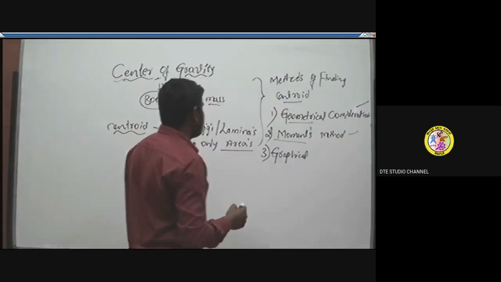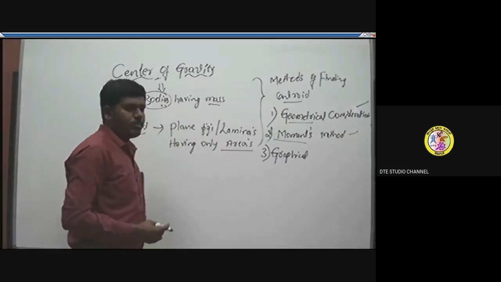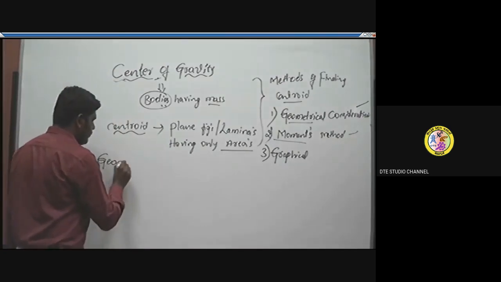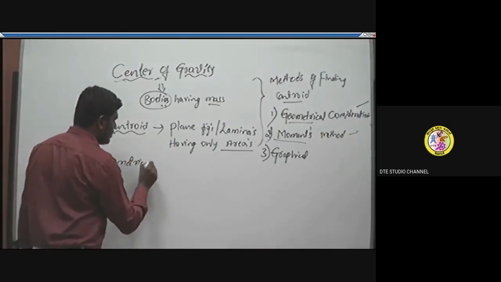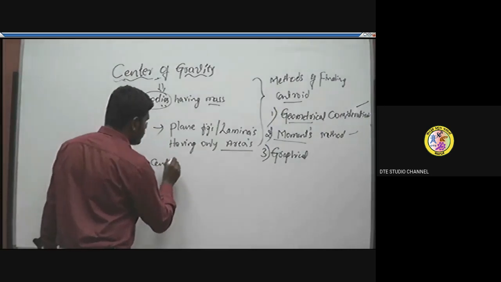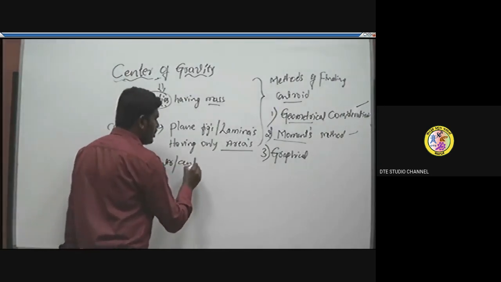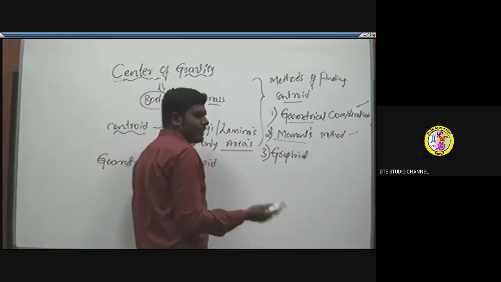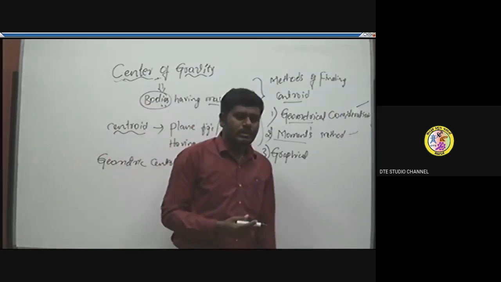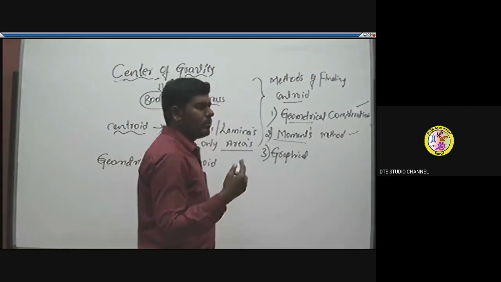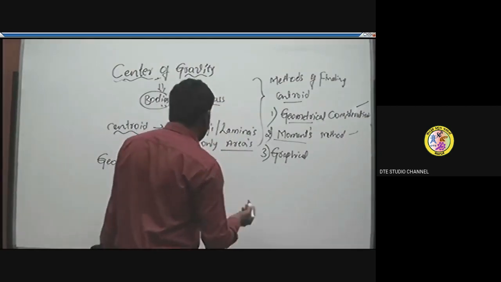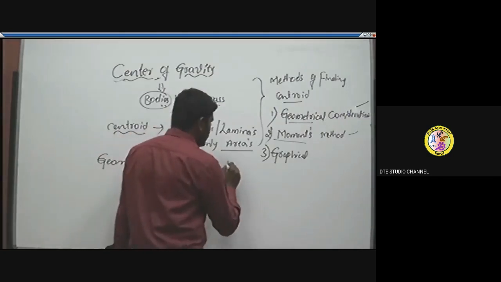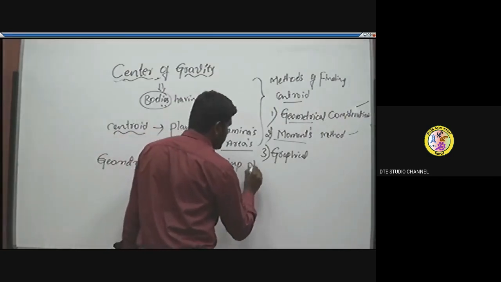Further, we moved on to finding the geometric center, which is nothing but the centroid, for important plane figures like rectangle, square, triangle, trapezium, half square, semicircle, and then sector. So we found the geometric centroid for some important plane laminas.